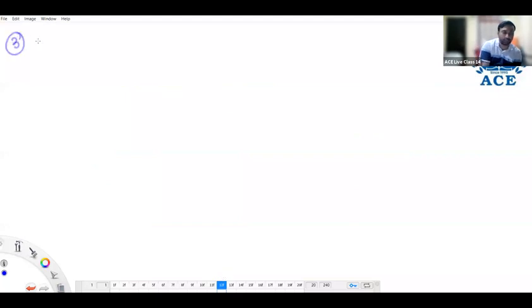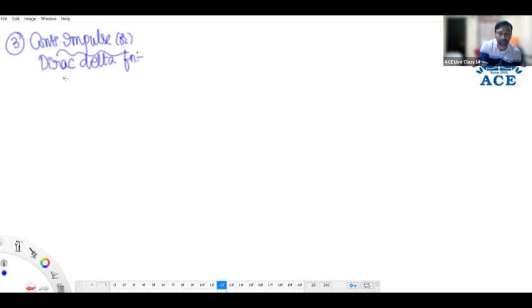The third standard signal is the continuous impulse, also called the Dirac delta function, represented as del of t.